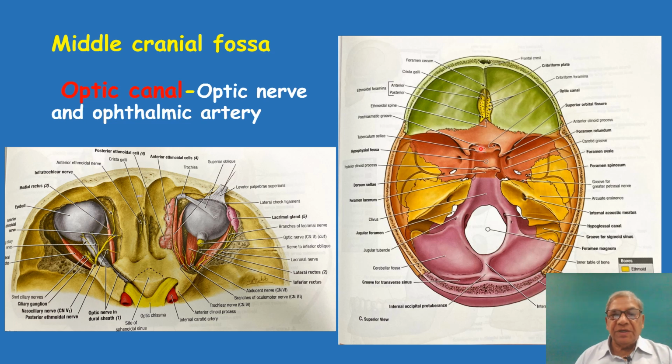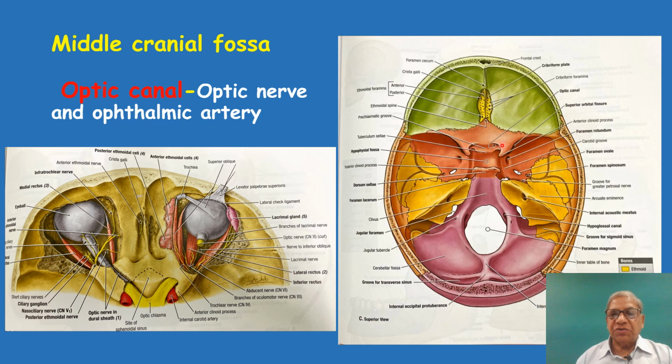So there may be a question what lies in the sulcus chiasmaticus. You should say that it is the optic chiasma, which is formed by the decussation of the right and left optic nerves. They decussate in this sulcus chiasmaticus to form the optic chiasma.